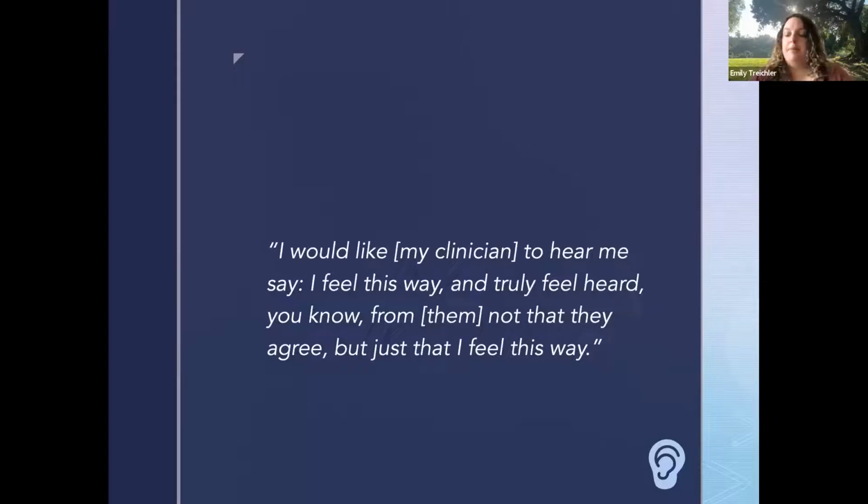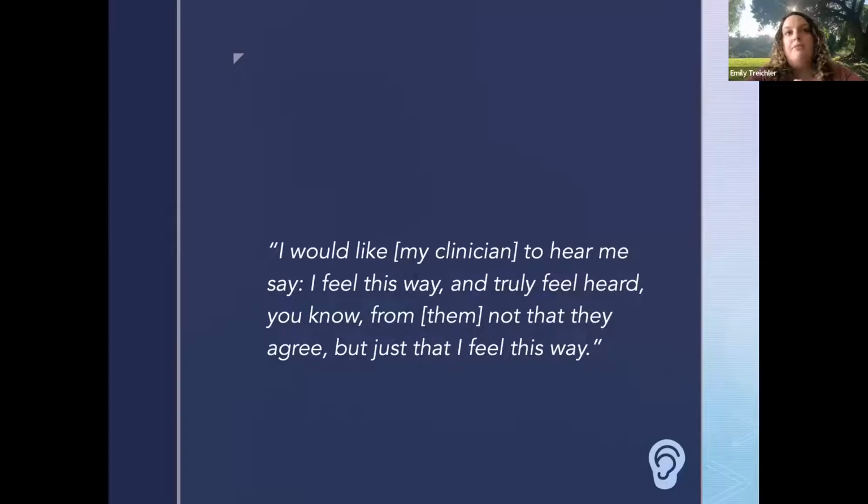So this is a quote from a research participant with serious mental illness who said, "I would like my clinician to hear me say, I feel this way, and truly feel heard from them, not that they agree, but just that I feel this way." And throughout my work in this area, I have heard a version of this so many times, I can't count.